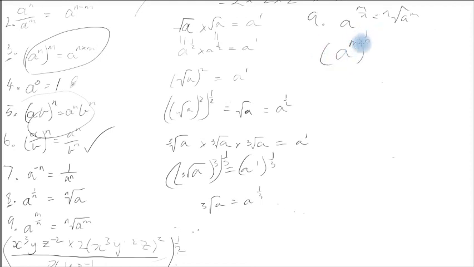That's by rule number 3. Then this 1 over n business, through rule number 8, we can write as the nth root of a^m. And we're done. So that rule was extremely easy to prove. That one all proven. So there we go.